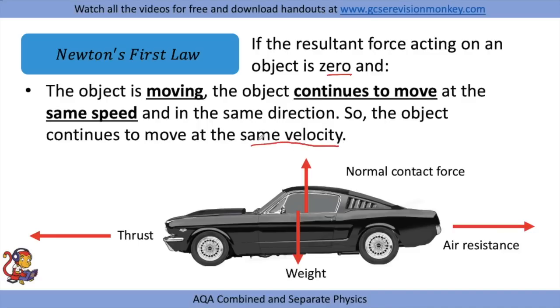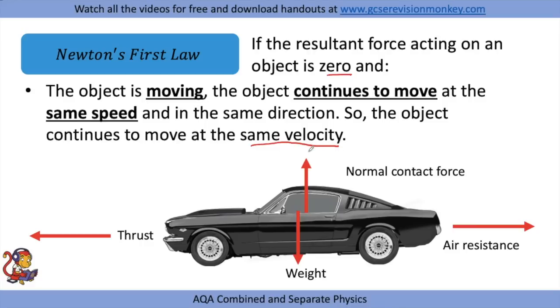Because velocity takes into account speed and direction, if the resultant force of this car is 0, because here we've got your normal contact force, your weight, and the thrust and the air resistance are balanced out, this car is moving and it has no resultant force, then the object will continue to move at the same velocity.